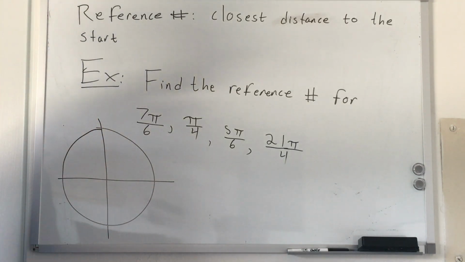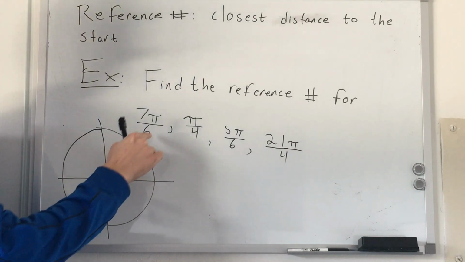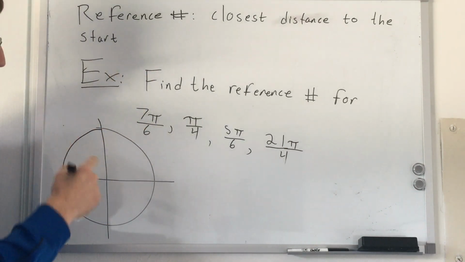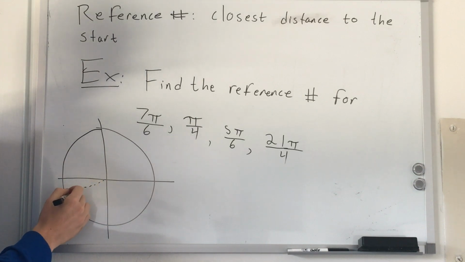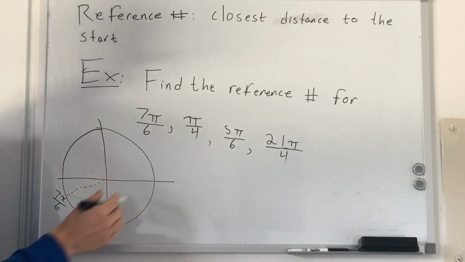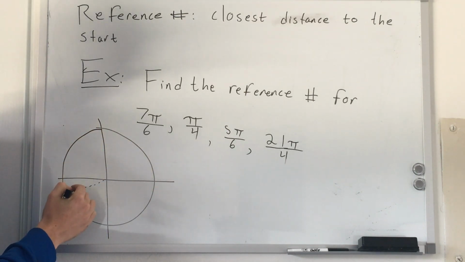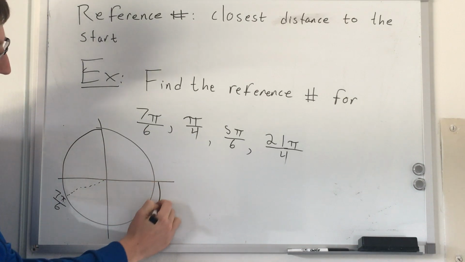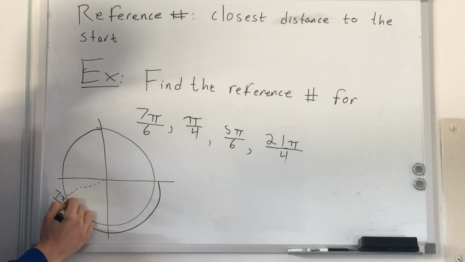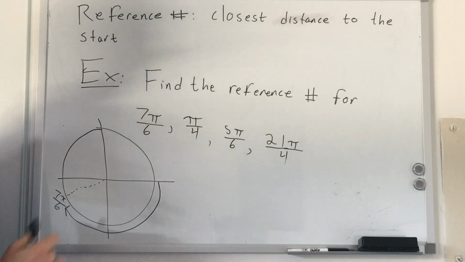So 7π over 6, well, let's think where that is. 7π over 6 is bigger than π, so it's going to be somewhere over here. This is 7π over 6. So rather than saying 7π over 6, we want the closest to the start, which means we're going to go around this way, right?